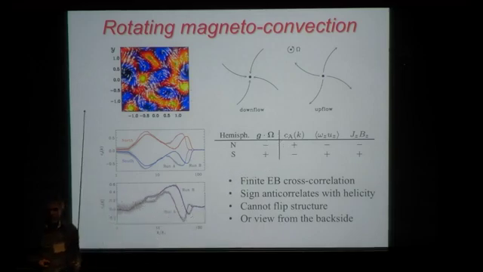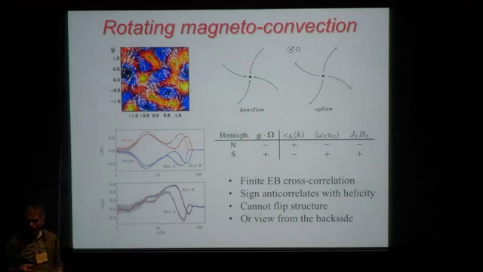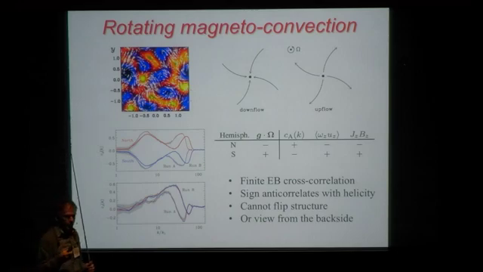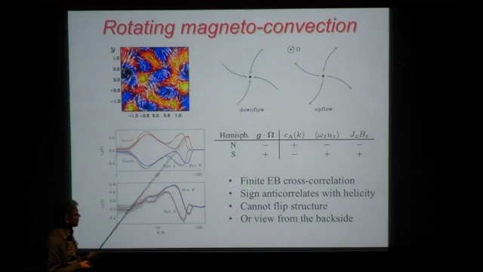So we now see EB cross-polarization can actually be different from zero. However, not for isotropic homogeneous turbulence, but for anisotropic inhomogeneous turbulence, like, for example, in solar convection.